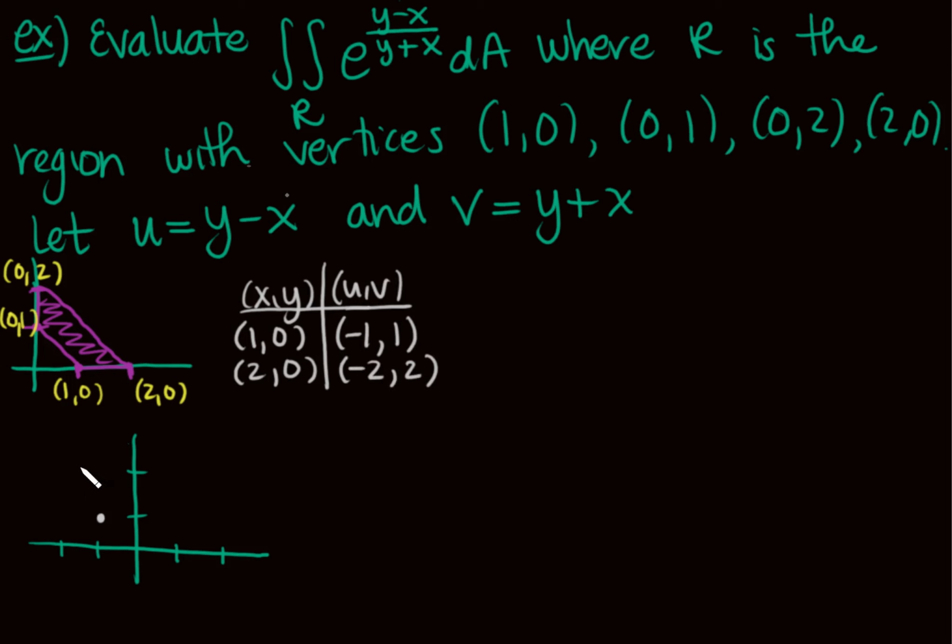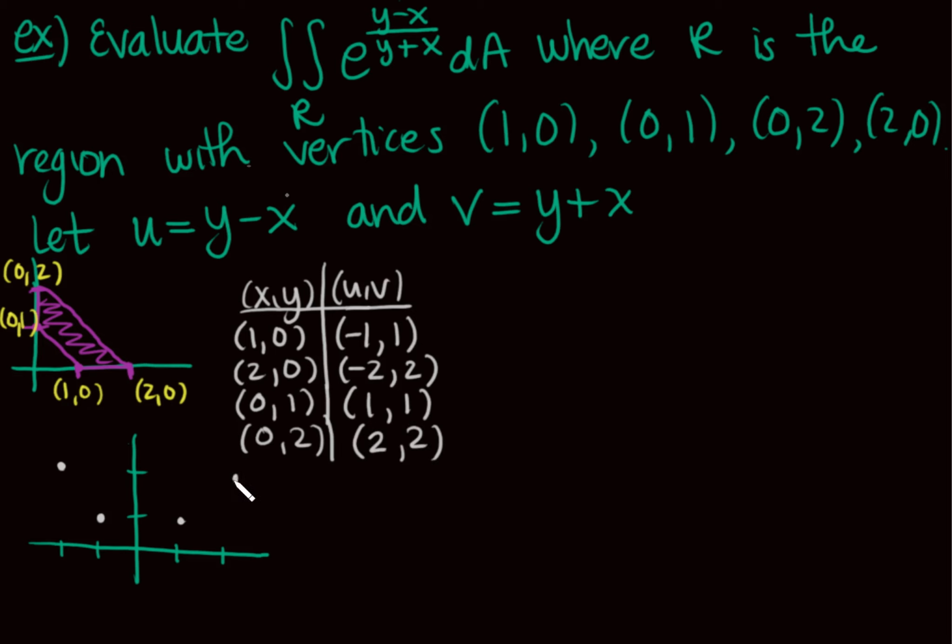So I know I'm going to be at negative 2, 2 there. Then if we plug in the rest, let's look at 0, 1. That's going to be 1 minus 0, which is 1, and 0 plus 1 is 1, so 1, 1. So I'm going to be right there. And then finally, 0, 2 is going to be 2, 2.